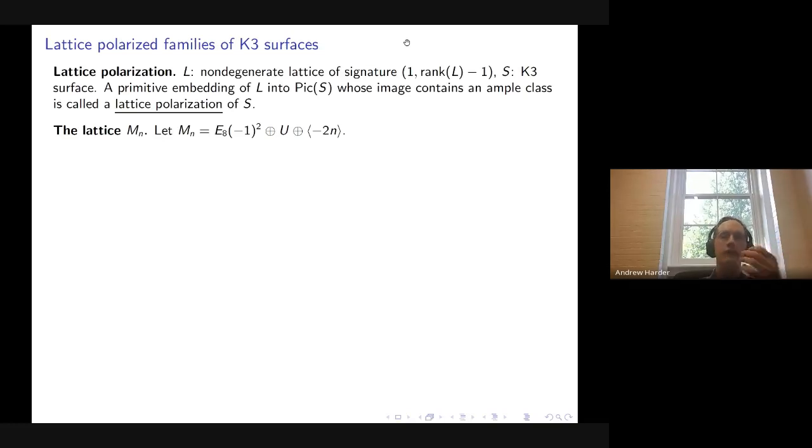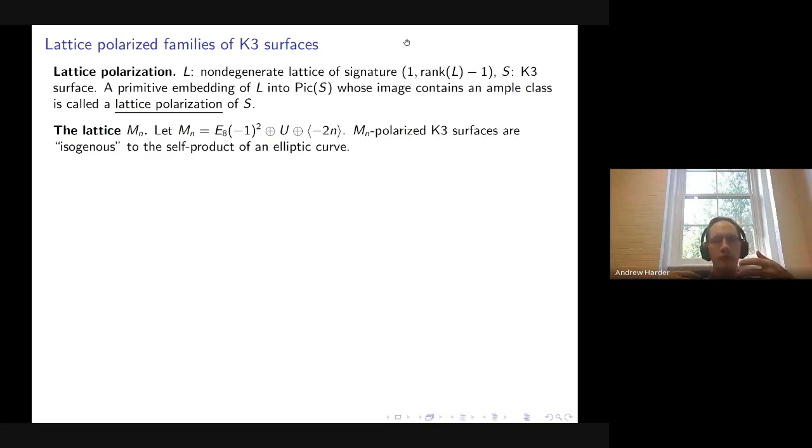Just to give an example, the lattice we'll focus on mostly is this lattice M_n. This is 2 copies of the negative definite E8 lattice plus this U lattice plus negative 2n. So this is a rank 19 lattice. If I take a K3 surface lattice polarized by M_n, the geometry of such a thing is very closely related to the product of an elliptic curve with an n-isogenous elliptic curve, so a product of 2 elliptic curves.